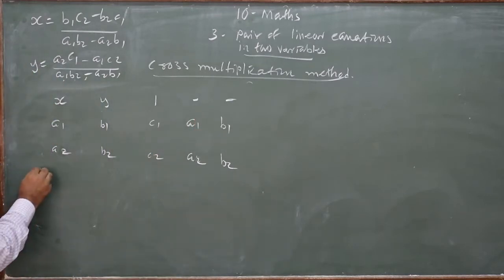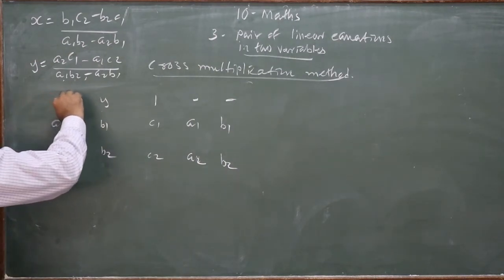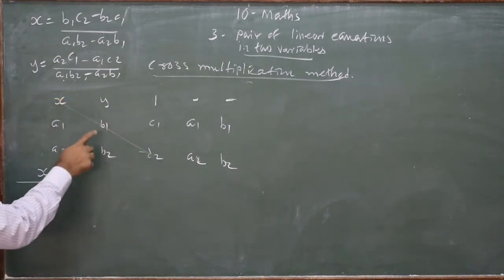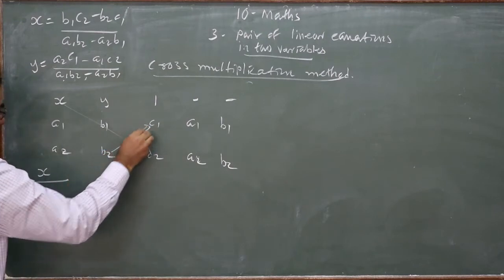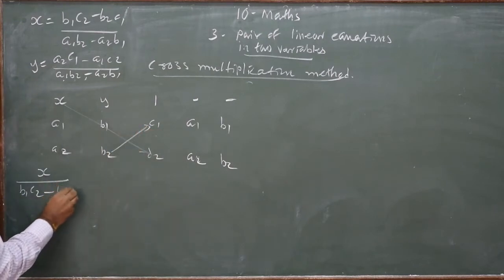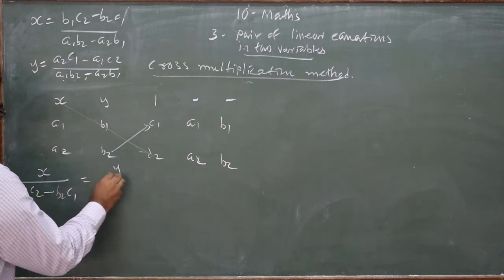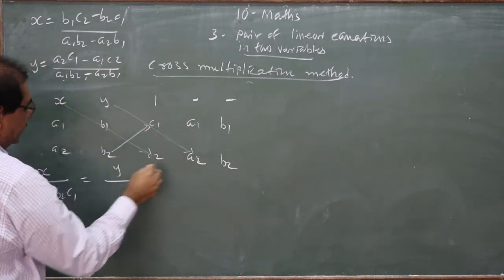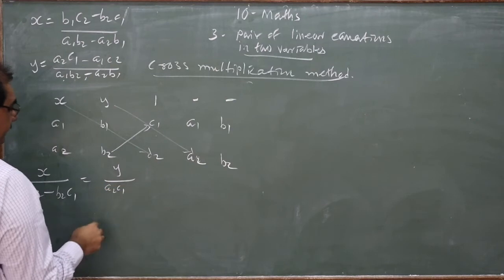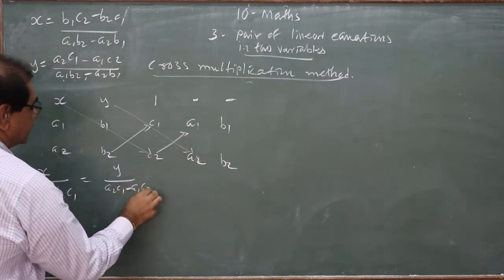Now the formula is like this: x upon, go in this way, b1 c2 minus b2 c1, is equal to y upon, go straight away, c1 a2, that is a2 c1 minus c2 a1, that is a1 c2.